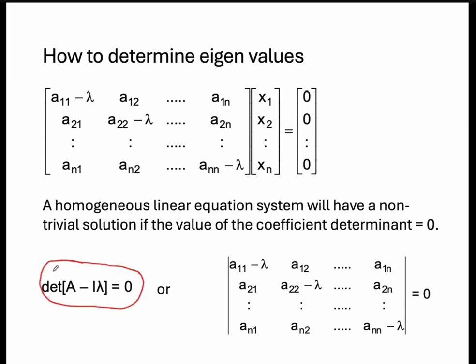So the equation is: determinant of matrix A minus identity matrix E multiplied with the eigenvalue equals 0. If the matrix meets this requirement, we can find the eigenvalue.